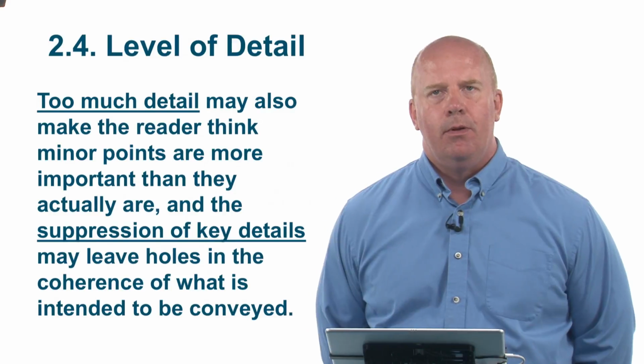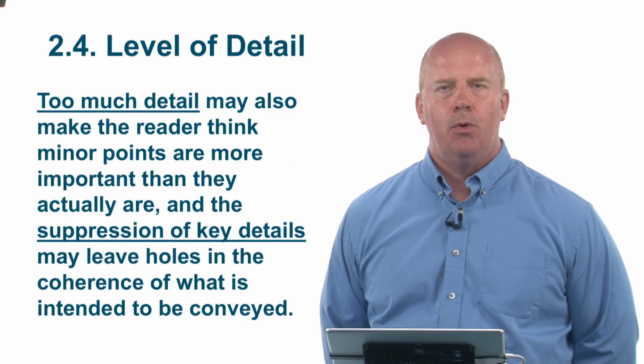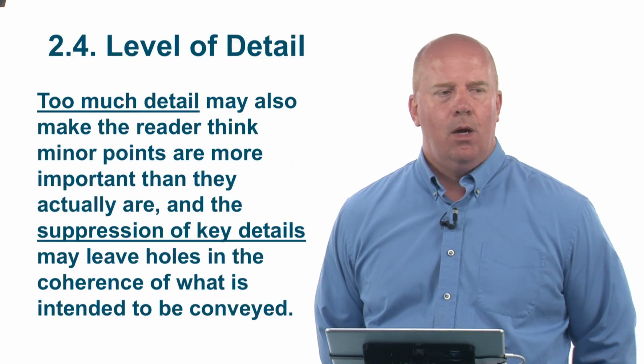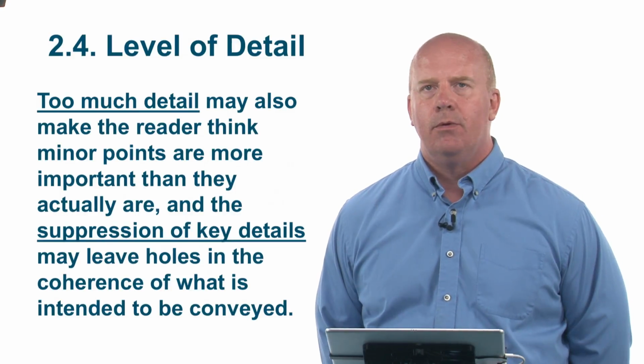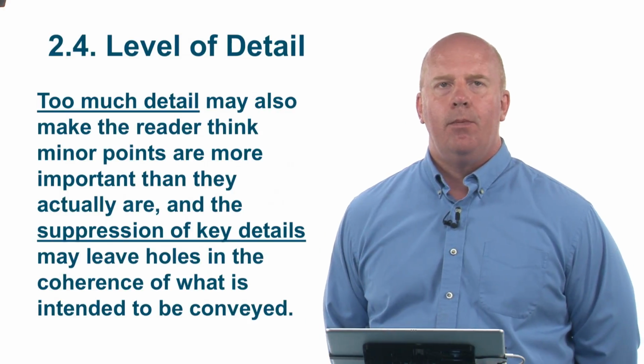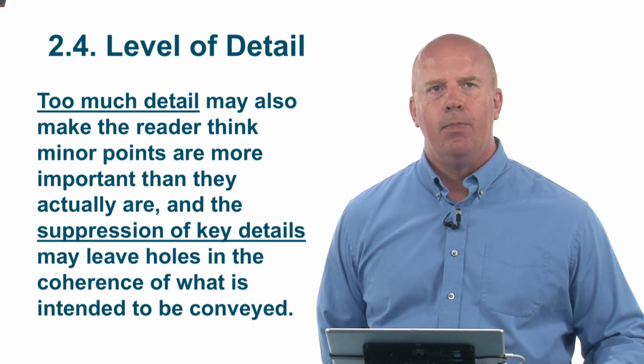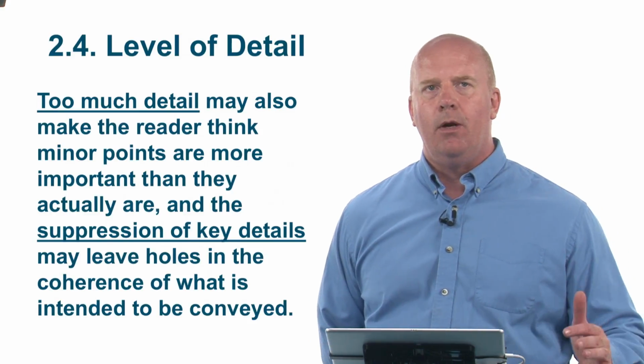So let me give an example of this. Say you're writing a summary about one of the papers that you're supposed to summarize in one of your classes. The teacher, or the professor, will tell you to write a summary, and you don't want to put in too much detail, but you want to make sure you have the main points there.